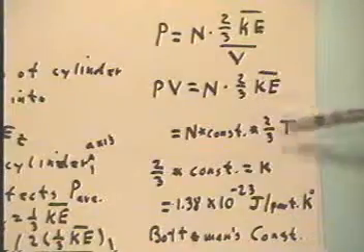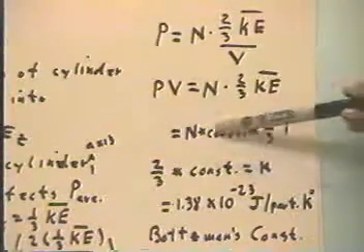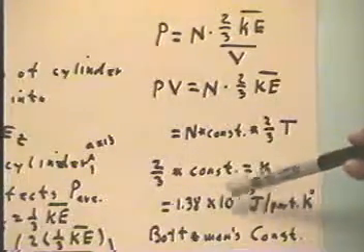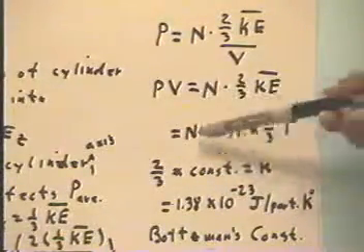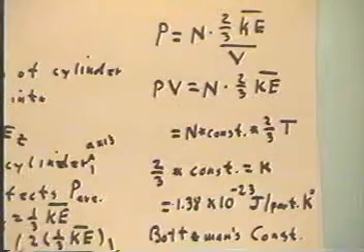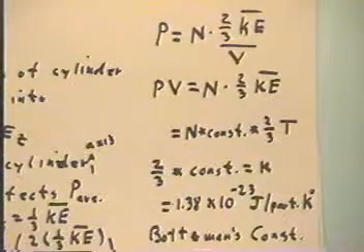If the average kinetic energy is proportional to the temperature, then we replace average kinetic energy with some constant times temperature. And we get, ultimately, PV equals 2/3 times big N times that constant times T. Bring the 2/3 out in front, that's exactly what this would look like.